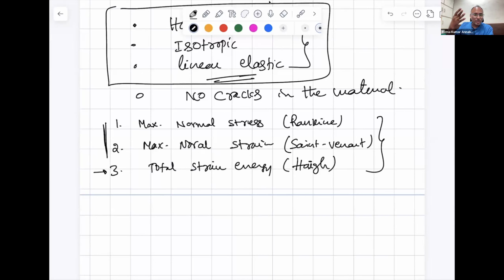Similarly, comparing a tensorial quantity with a scalar is not a good idea. Then Haigh's theory is a leap forward in terms of thinking about failure theories. What they said is, I am comparing a tensorial quantity with a scalar, which is not a meaningful thing. So let us develop a scalar equivalent from this tensorial quantity.